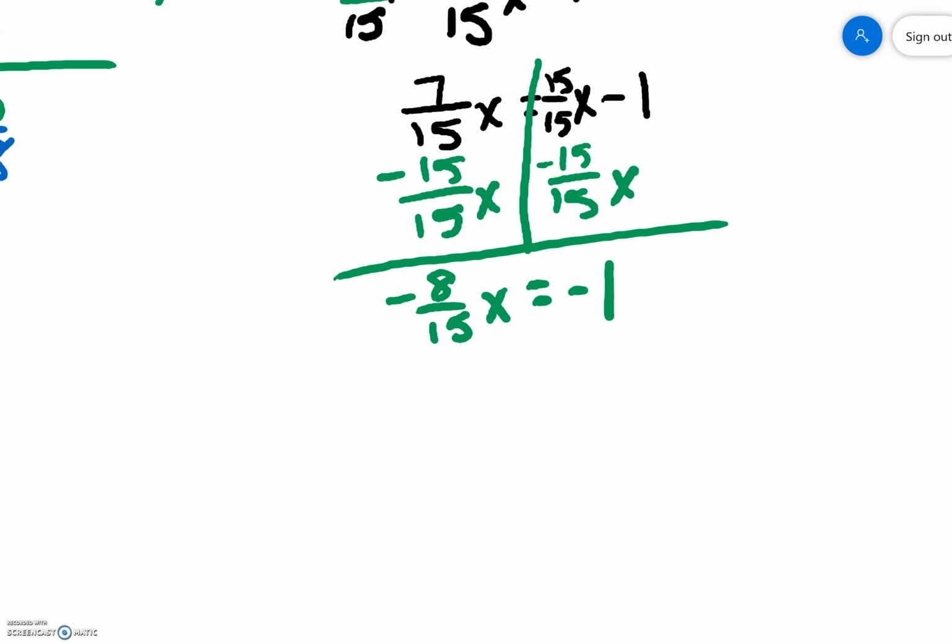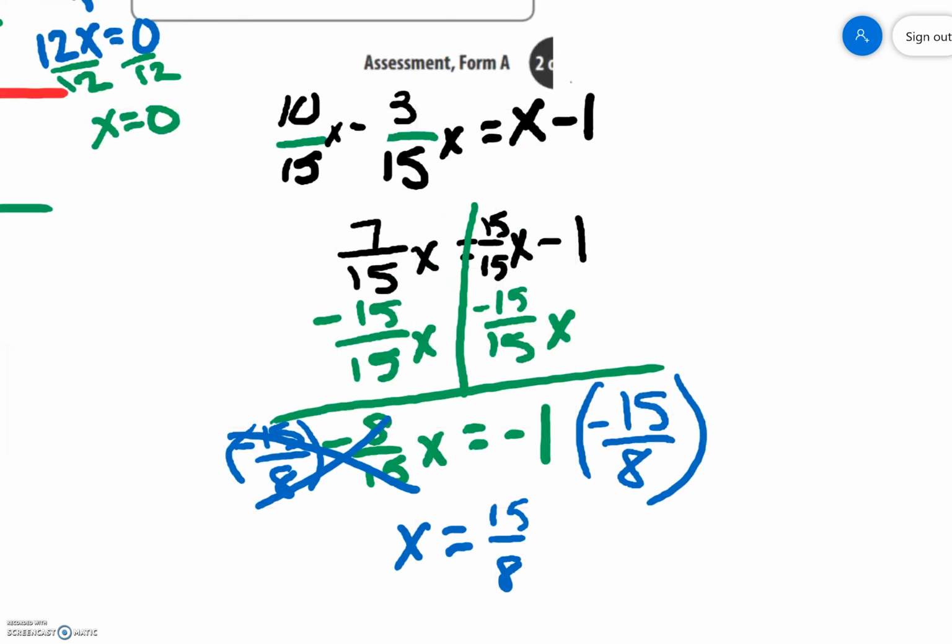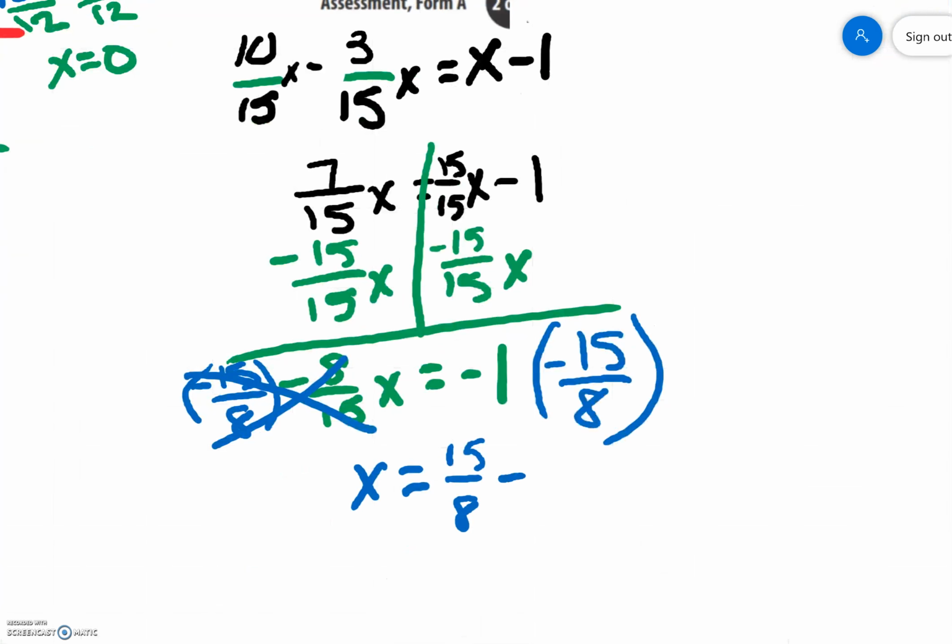We've done this already today. Instead of dividing by negative 8 15ths, change to multiplication and flip that fraction. This cross cancels, x equals, negative times the negative is a positive, so it's just 15 over 8. You could leave it like that. You could write it as 1 7/8.